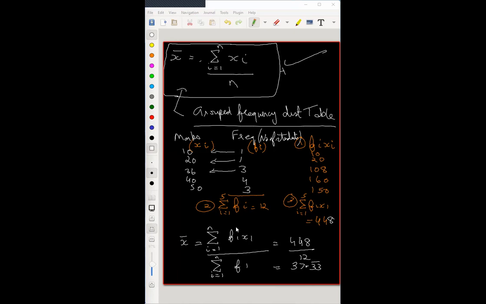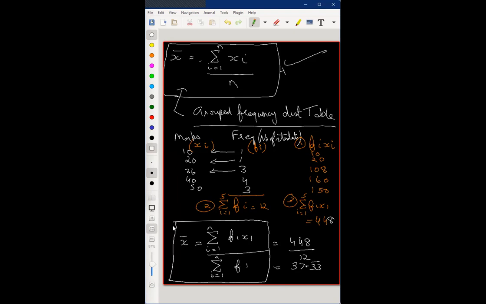This is understood? So this is the formula for mean whenever the frequency has been given to you, or for grouped frequency distribution tables. Any doubts, anyone? Please copy this down as an example.